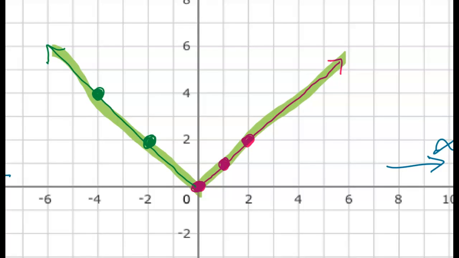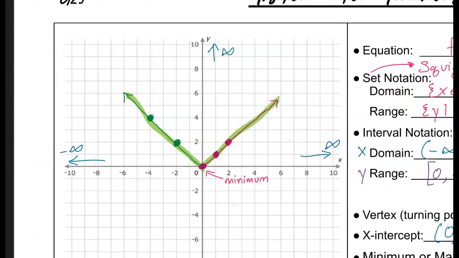What's that, Eli? It's like a lowest point. It goes to a valley, giving us the lowest point of 0, 0. This graph has what is called a minimum. This is a minimum point. It's the lowest point for our graph. Right there at 0, 0.